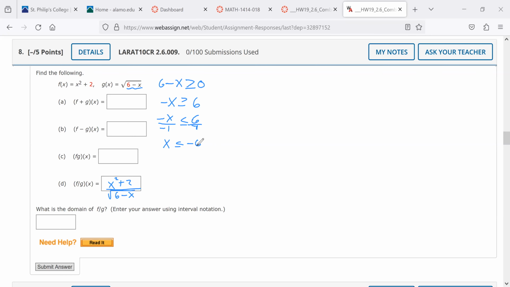Okay. So as long as the x that you choose is below 6 or equal to, then it'll stay positive inside. So the domain would be... I have a question.